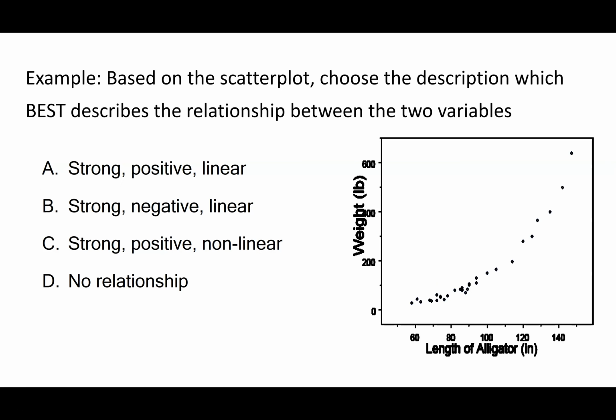Here is another example. So we're looking at the length of an alligator and its weight in pounds. So based on this scatter plot, which description fits best?